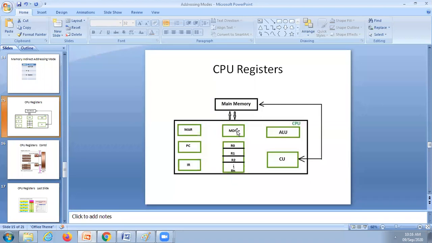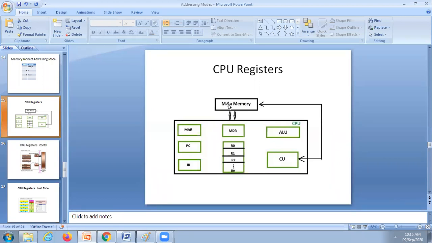MDR holds the value and MAR holds the address of the main memory which we are interacting with. To which means to which location you are going to interact.